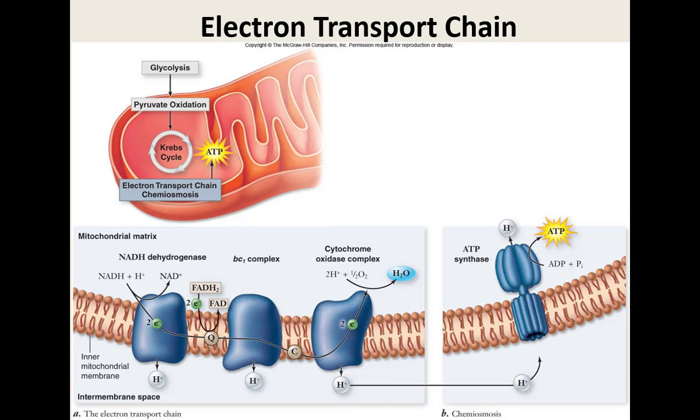Anytime a hydrogen molecule goes through this enzyme and spins the top of that enzyme, again, it's just like a little wind turbine, it generates energy. And we can take that energy and add a phosphorus onto ADP and make ATP.